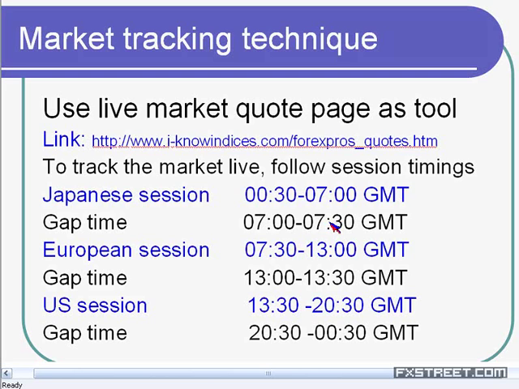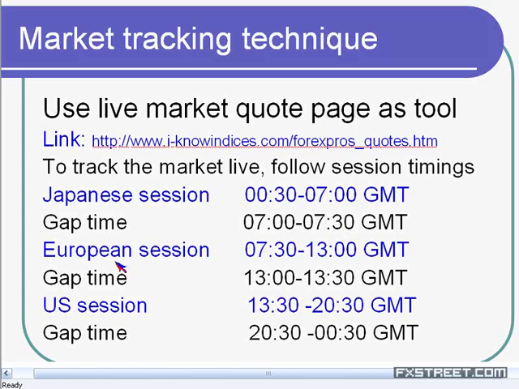So you come across there is a gap in terms of the GMT time frame, and this is referred to as a gap time, during which the bulk orders of the exporters and the importers and also the currency conversion trades in bulk volume may not happen in the market. And that time is being used by the other players to make stop-ins. So the gap time moves are false moves, and you'll be noticing on a daily basis they try to make a false move before the session starts.